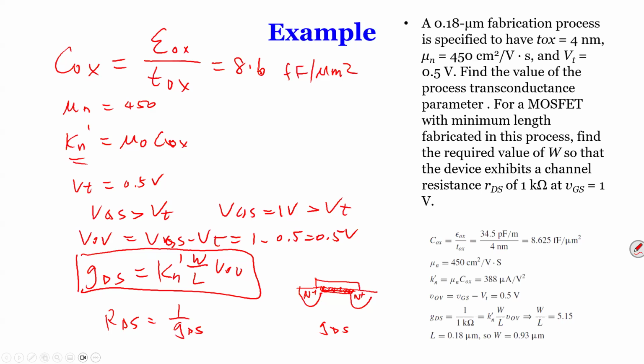If we write the resistance, it's going to be the reverse of this one. So it's proportional to L and inversely proportional to W, and it's proportional to some silicon oxide parameters. That's this one here. VOV is the overdrive voltage. VOV is VGS minus VT.